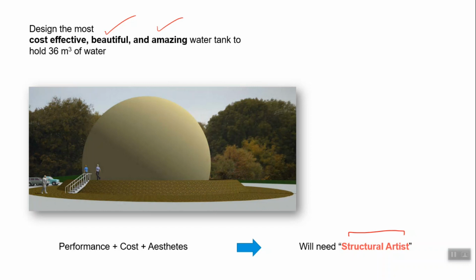The requirement is to hold 36 meter cube of water. So, you have to be a structural artist to handle this kind of requirement. We start with calculating the thickness of a reinforced concrete wall which can sustain the water pressure, for example, and we end up with these requirements.